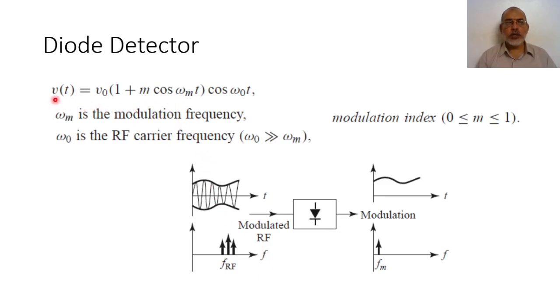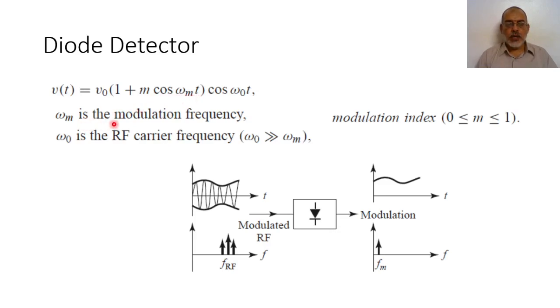If we are using the diode as a detector, the input signal would be a modulated signal. So we have V naught cosine omega naught t multiplied by the modulation signal, and the modulation signal would be 1 plus the modulation index m multiplied by cosine omega m t.